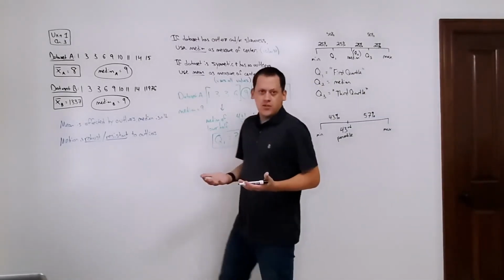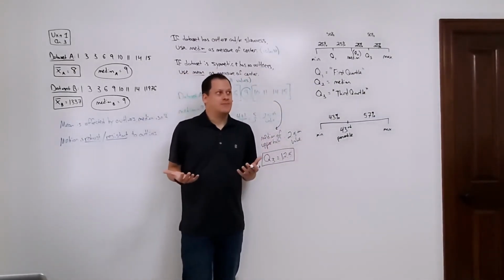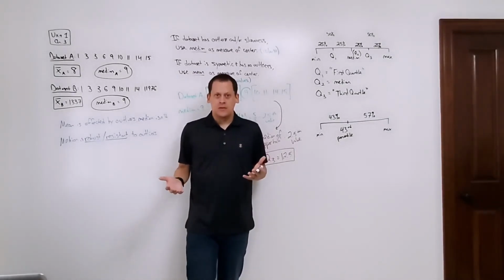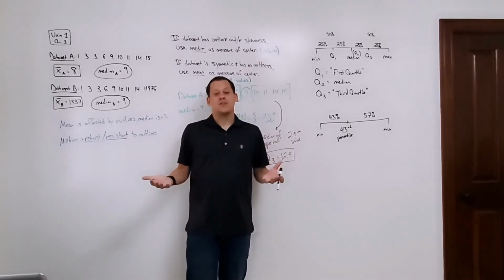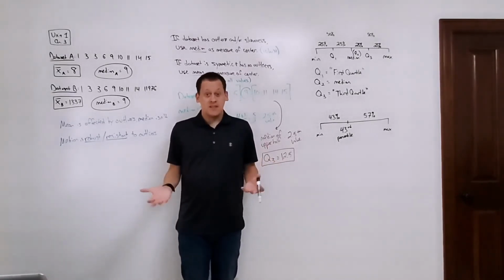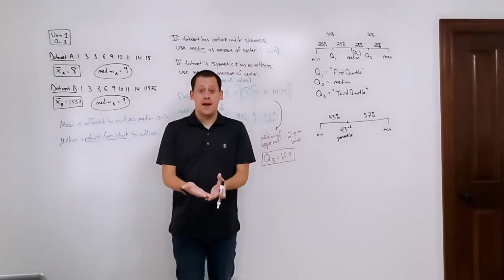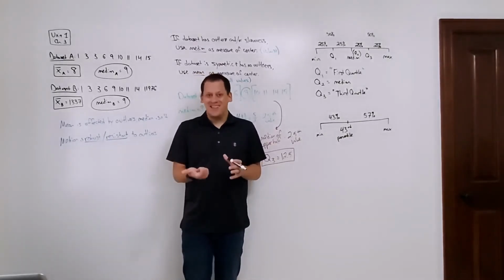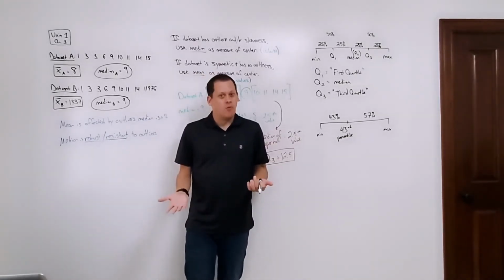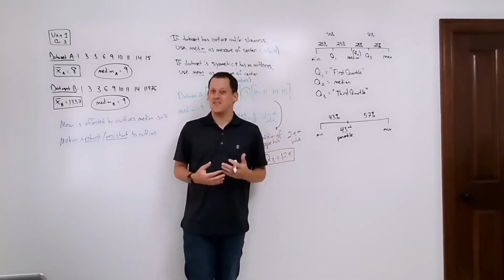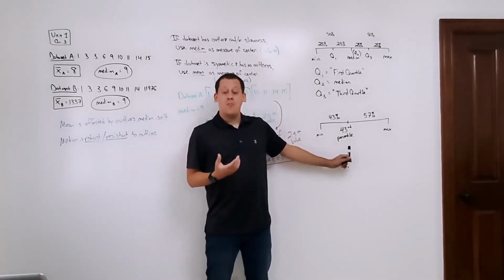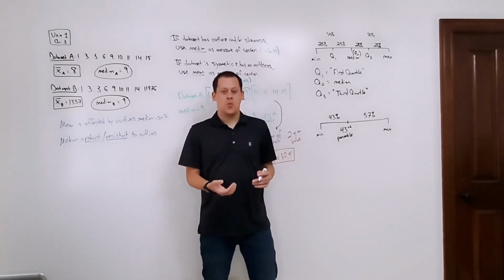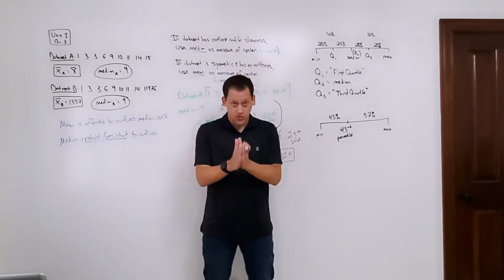A common usage for percentiles is standardized test scores. So if you took ISTEP or the SAT or something like that, most of the time they report your score as a percentile because the score itself isn't really all that important. It's kind of arbitrary how the test is scored. The percentile tells you how many percent of students scored less than or equal to your score.